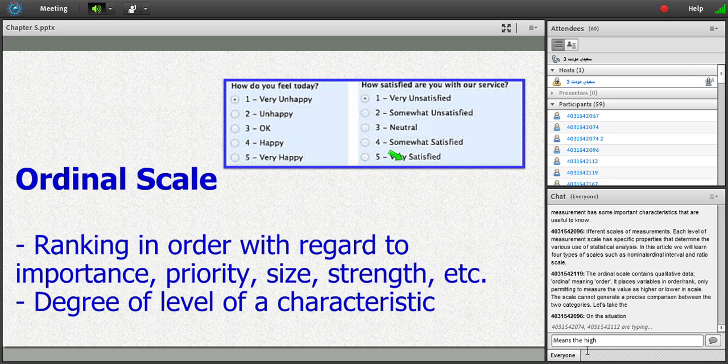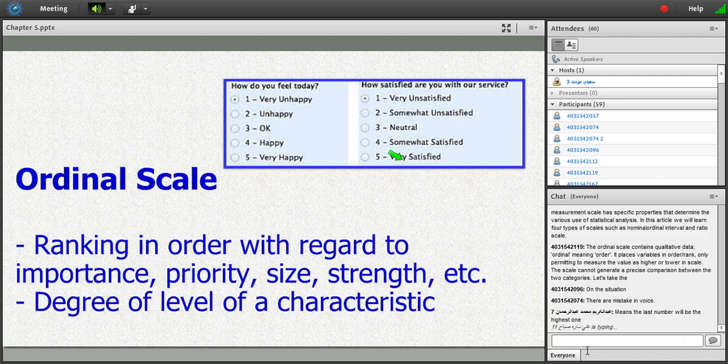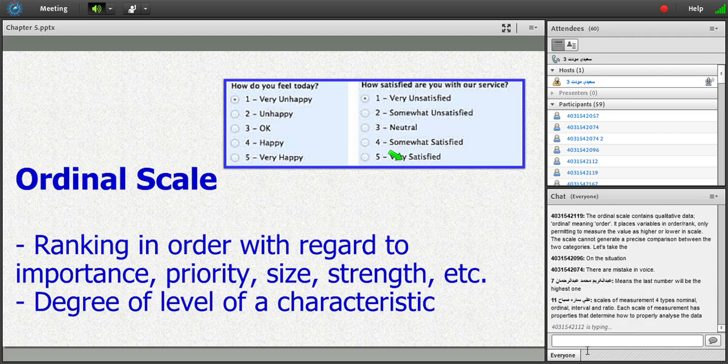So here 5 is a number and it has meaning. It means you are very satisfied. So in ordinal scale, we have ranking, and the numbers actually have meaning. So the ordinal scale contains qualitative data. Ordinal means order. Yeah, we rank the things.